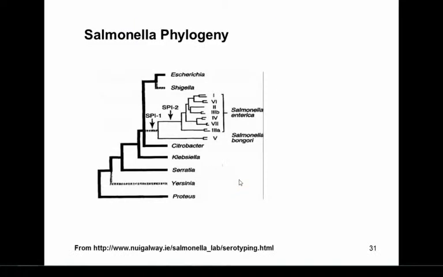Something you'll need to know about Salmonella phylogeny is this. Officially there are only two species in the genus Salmonella: Salmonella enterica and Salmonella bongori.